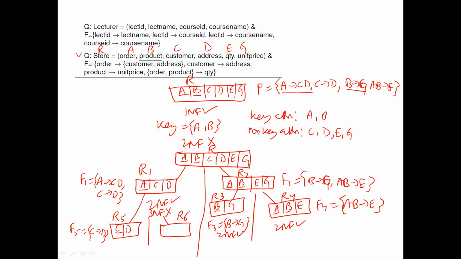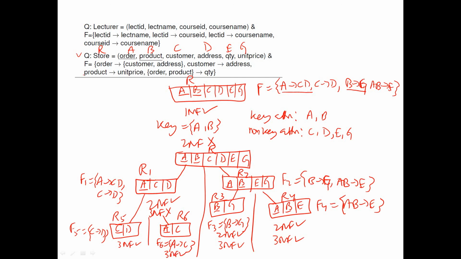I'll find A to C. F6 is A determines C. And if I see R3, here it is present in the 3NF. Why is it present in 3NF? Because the transitive functional dependency is not available. Similarly, R4 is also present in the 3NF. R5 is present in 3NF. R6 is present in 3NF.